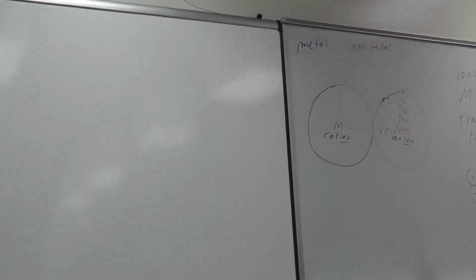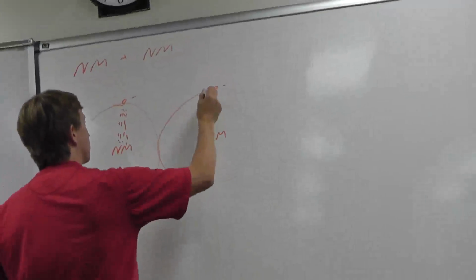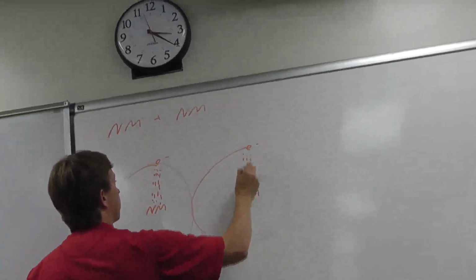Now next would be if we have two nonmetals. So here's a nucleus, here's the electron, here's the other nucleus, here's the other electron.